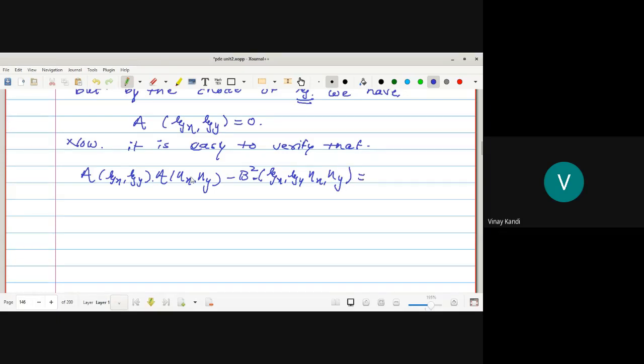Okay, so if we calculate this, its value comes to (4rt minus s square) divided by t into this one, psi x eta y minus psi y eta x square.